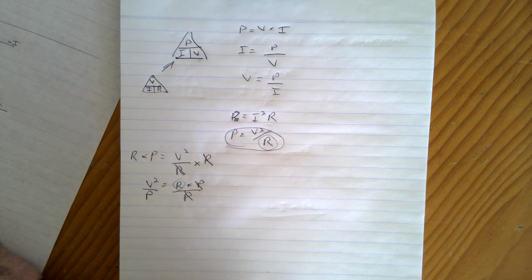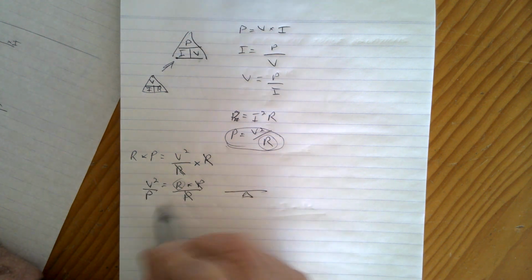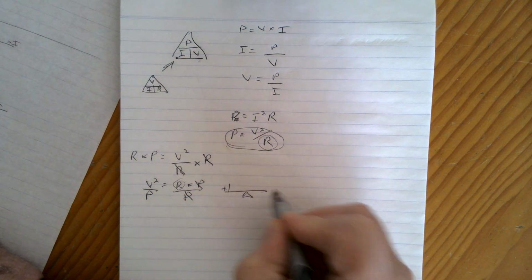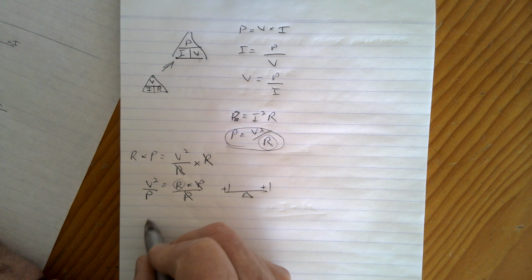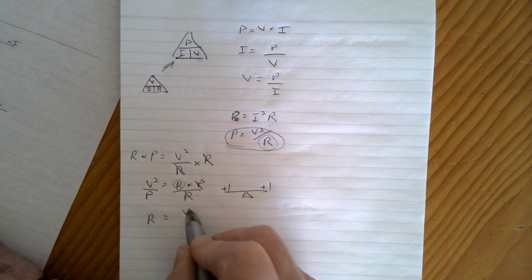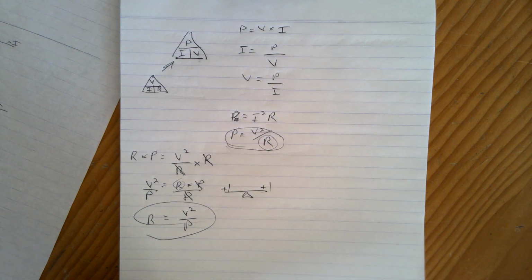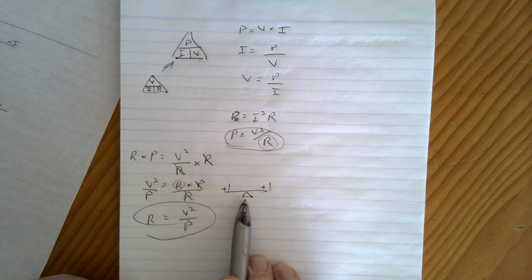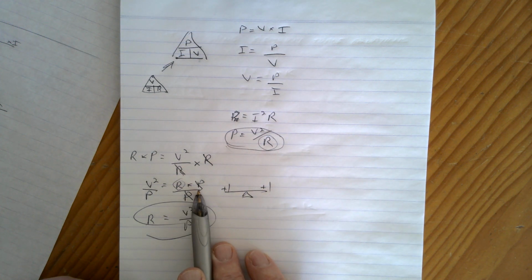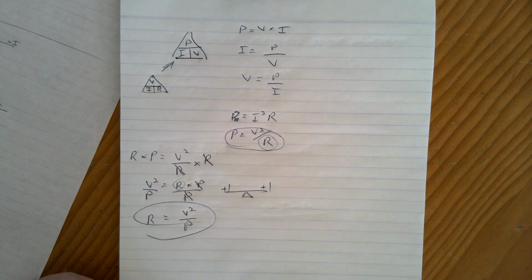Divide out P from this side as well to keep it in balance. Always remember to keep it in balance. So R would be equal to V squared divided by P when we've completed it. So the basic rule of transposition is to do to one side of the equation whatever you do to the other side of the equation.